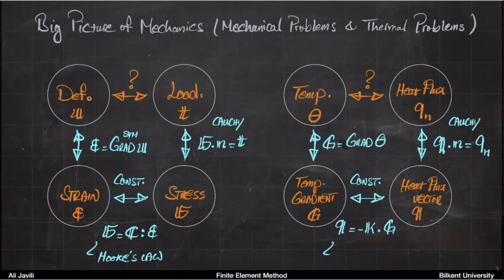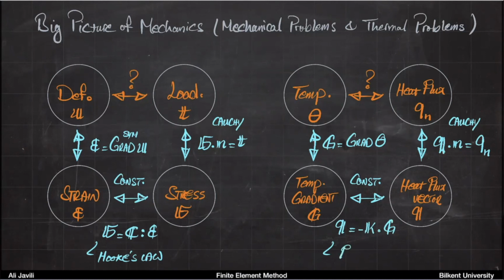So K is your conductivity coefficient. Remember, in a mechanical problem, C is your elastic coefficient, the resistance against deformation. In a thermal problem, K is conduction, the ability to conduct heat or to diffuse heat, if you want. Now, on the left-hand side, you call that Hooke's law.